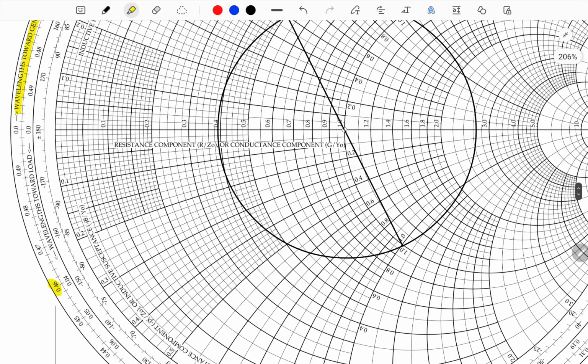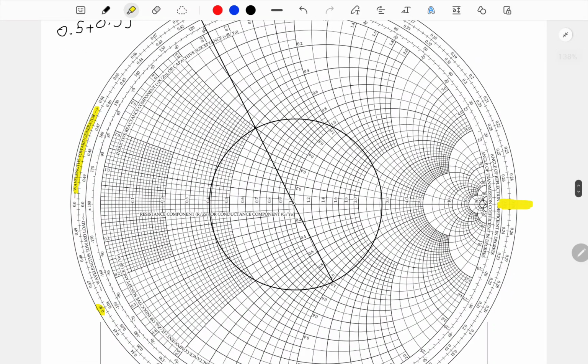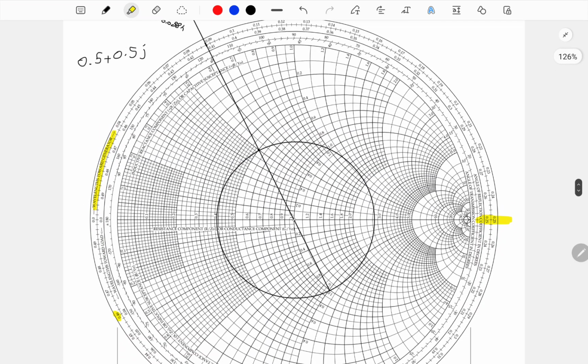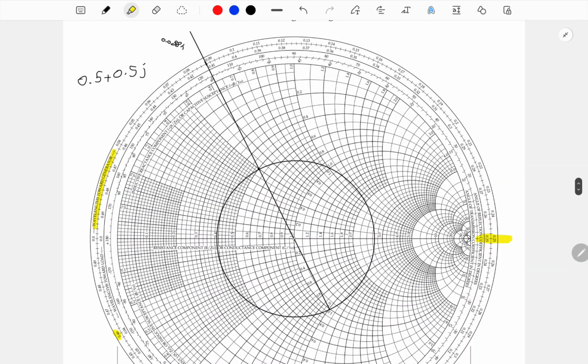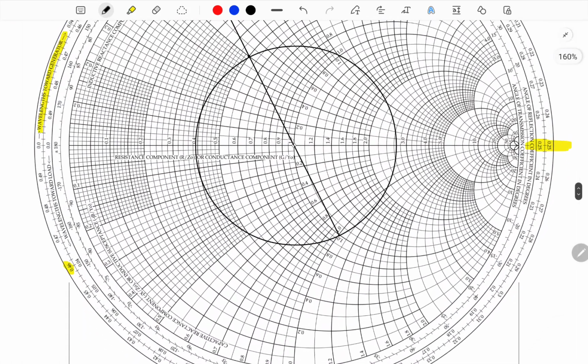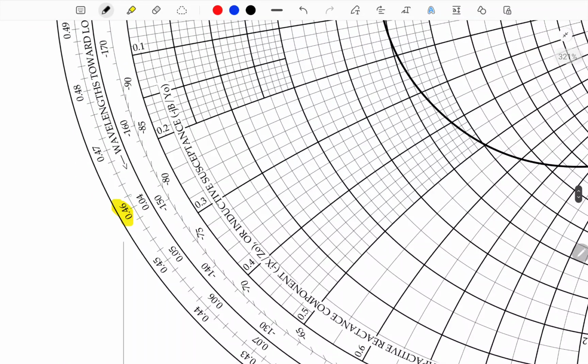A way you could find it really fast is over here is 0.25 lambda, and over here is 0.5 lambda, and the whole circle is 0.5 lambda. Also, if you get anything above 0.5 lambda, all you have to do is subtract 0.5 lambda. Okay, so this is 0.463. So it's between the 2 and 4, and the middle is right here.